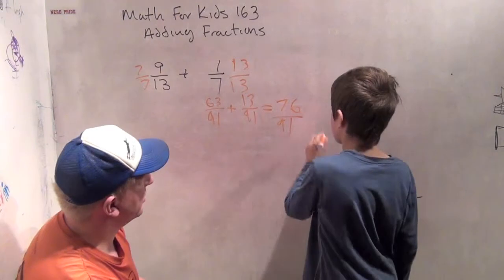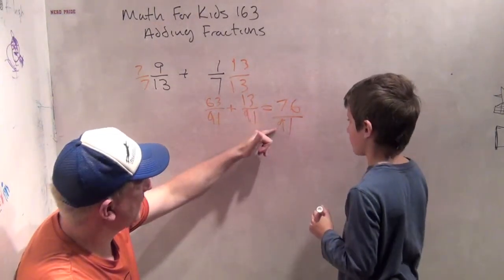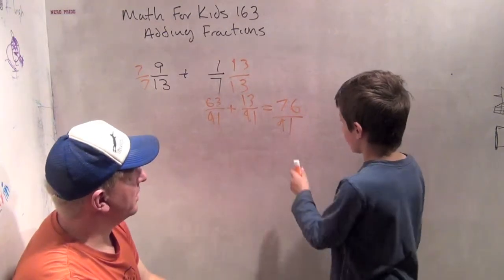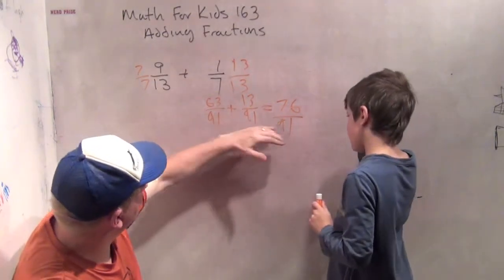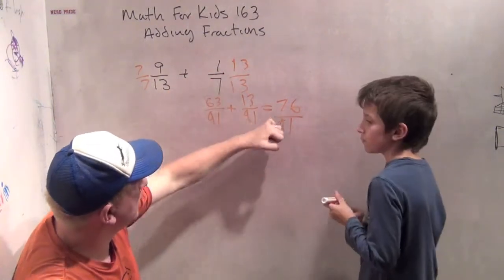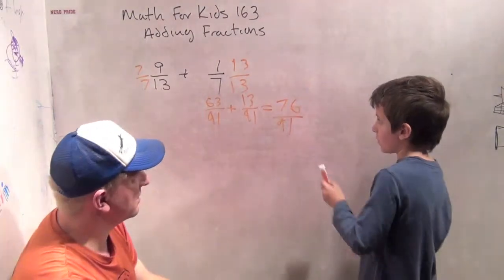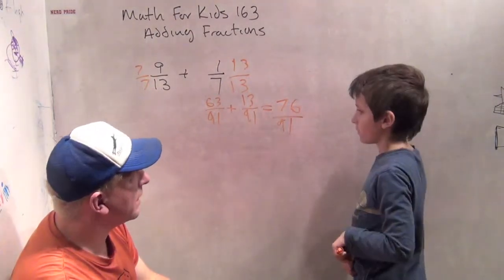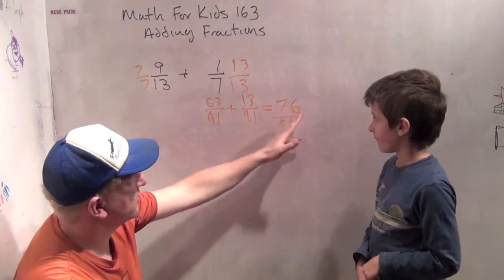And now we have a pretty hard task of knowing, is 76/91 simplified or not? The nice thing on the bottom is we know that 91 is 7 times 13. So the only question is, is 76 divisible by 7 or 13? Is it divisible by 7? No. Why not? Because 77 is divisible by 7, which is only one away from that.